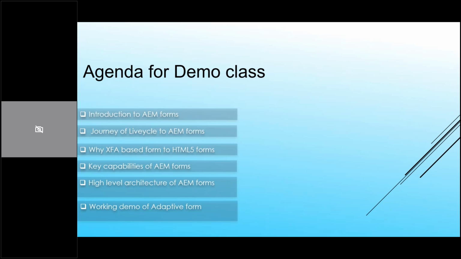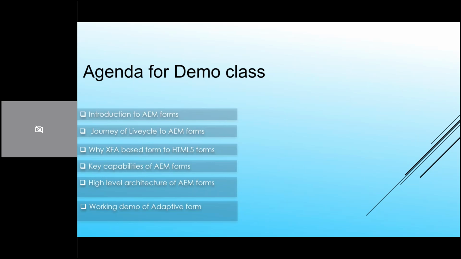You will get some assets, some forms, which are already with the customers, so we need to know why the journey and what's the core concept around that. Then we'll look at why we moved from PDF-based forms to HTML5 forms. Does it mean that PDF forms are no longer used or do not work today? We'll check on that front.